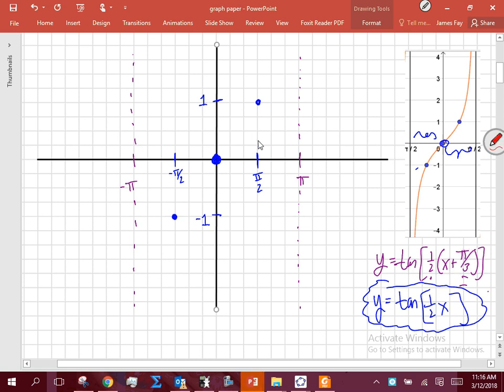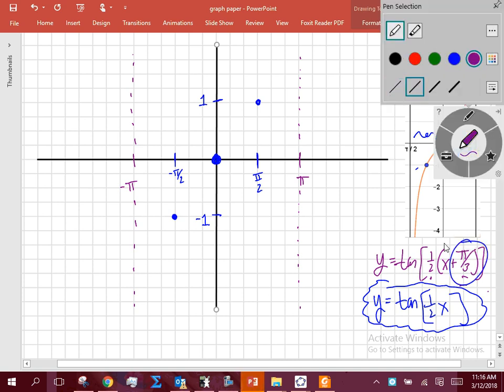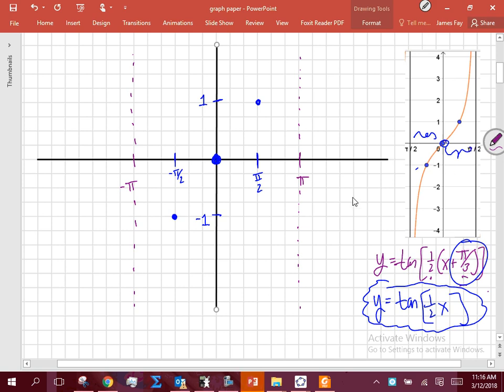Now what I want to do, guys, is now I want to deal with that movement. Okay. So everything is going to get shifted left pi over 3 units, right? So in order to do that, I should probably have my x-axis labeled in thirds. Okay. If it was 6, I'd try to label it in 6. If it was 12, I'd try to label it in 12. Or 4s, I'd label it in 4s. Does that make sense? So whatever that denominator is, I'm going to try to label my x-axis that way. So it's pretty easy when I've got this to 0 to pi.